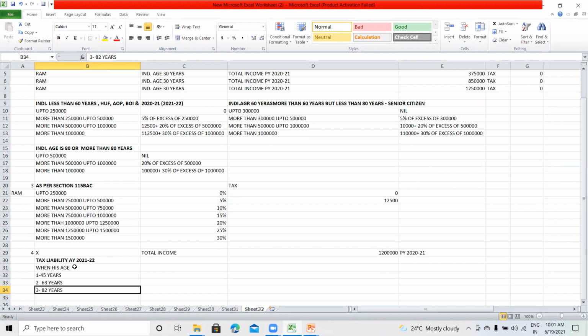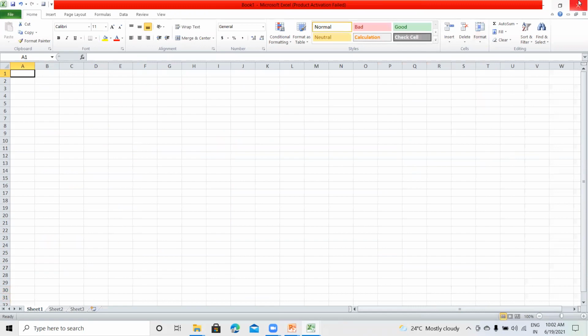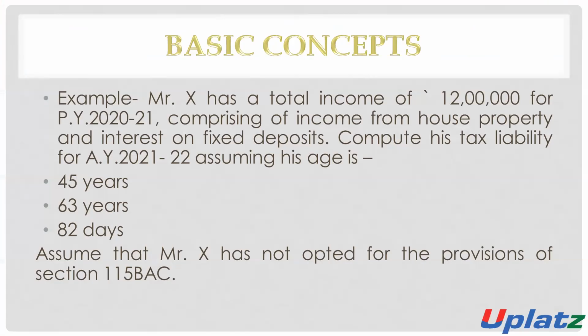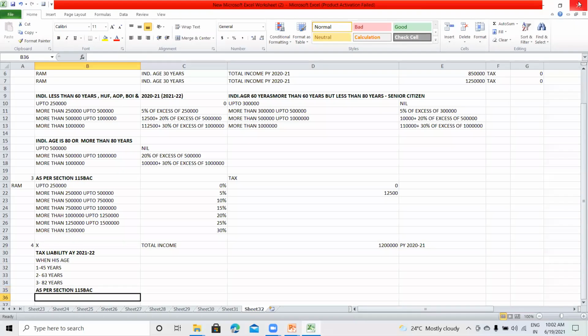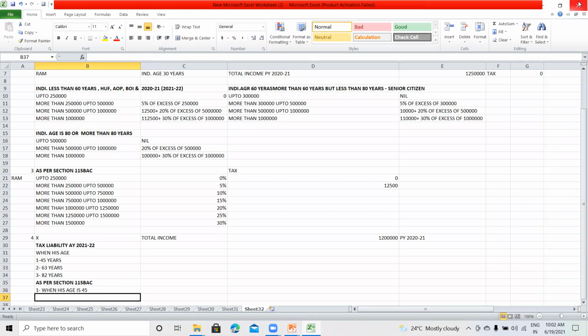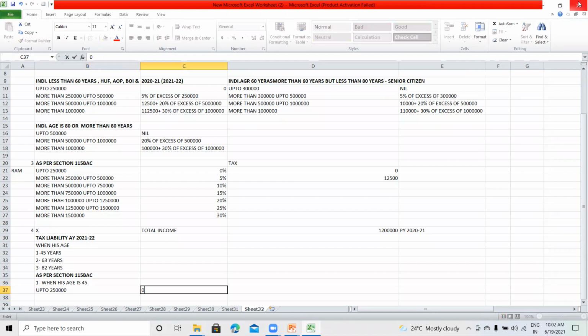Now we will calculate what the tax will be as per section 115 BAC. So we will compute tax. When number one, his age is 45: up to 2,50,000 it is nil.